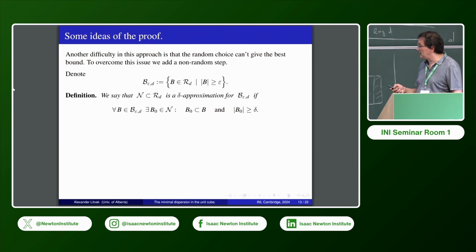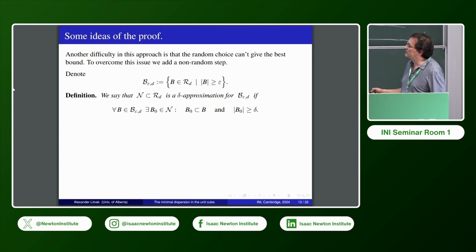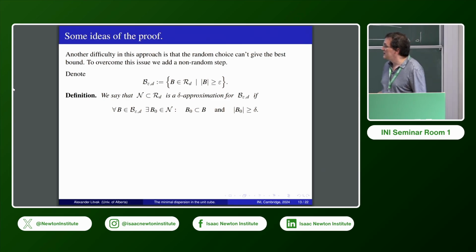So what we will do, our approximation will be like this. I will denote by B epsilon z the set of rectangles inside the box such that the volume is larger than epsilon.